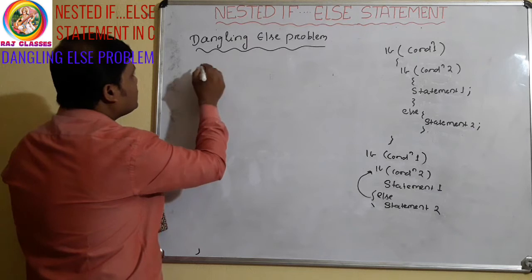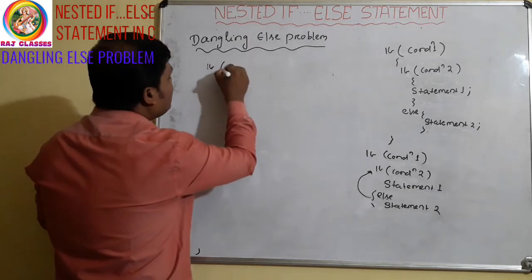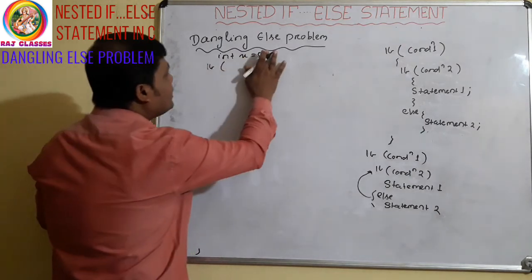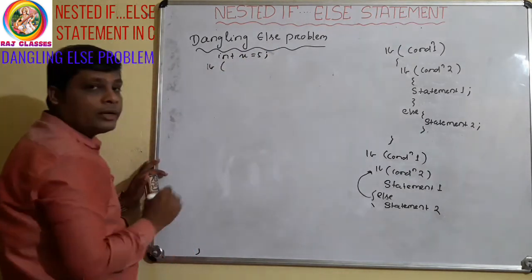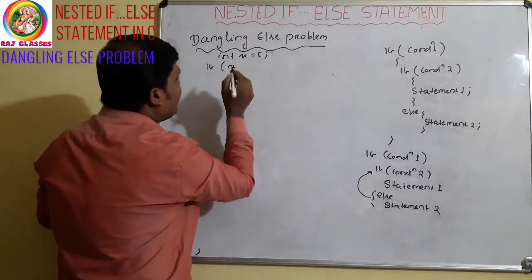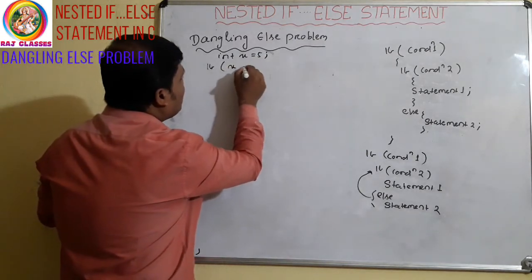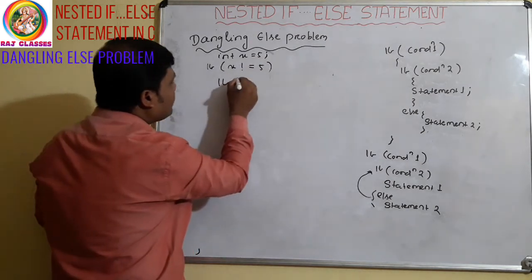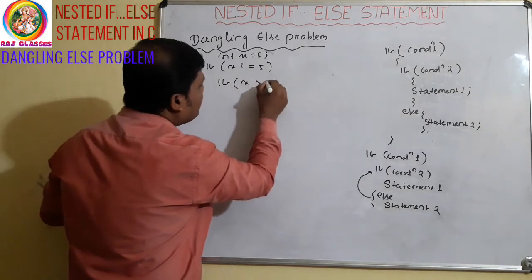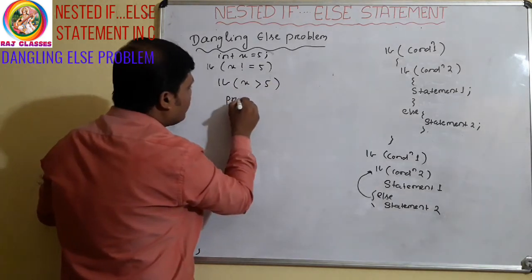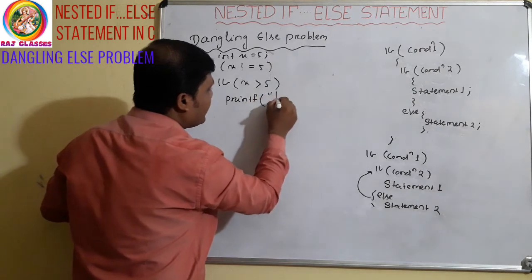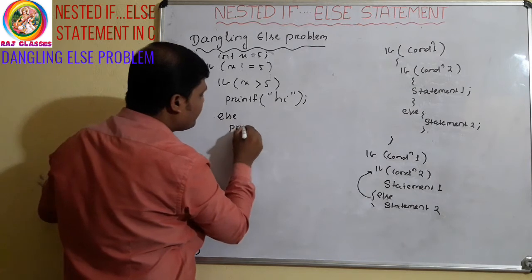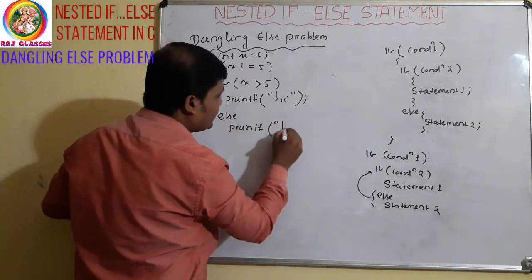Just see one example. Suppose integer x equal to 5. Clear? If x not equal to 5, if x greater than 5, printf higher, else printf bye.